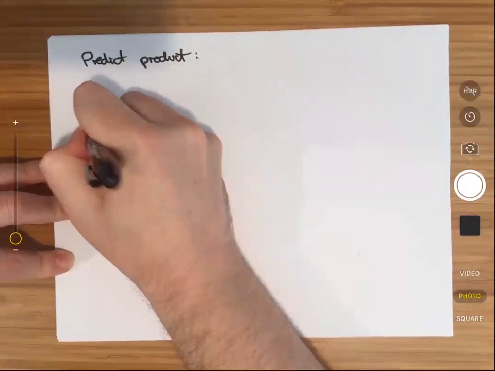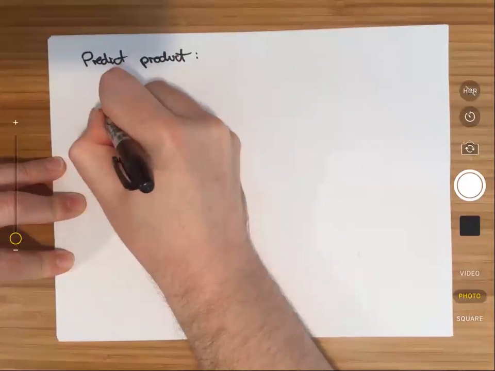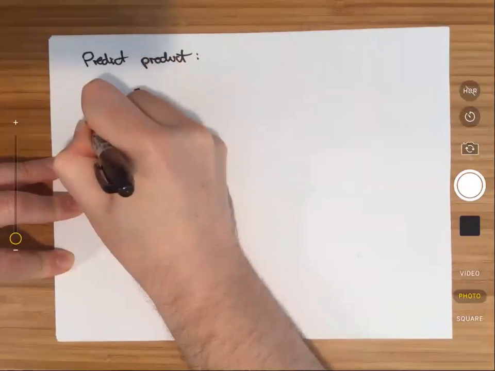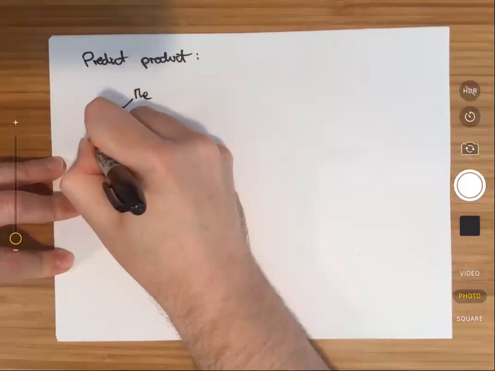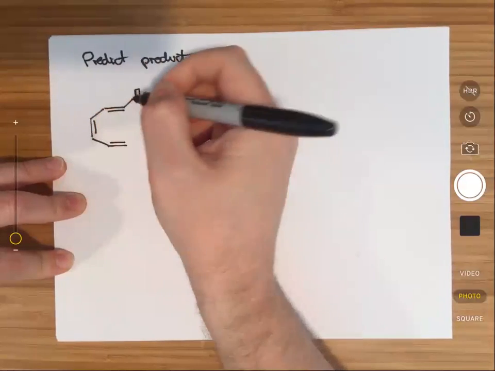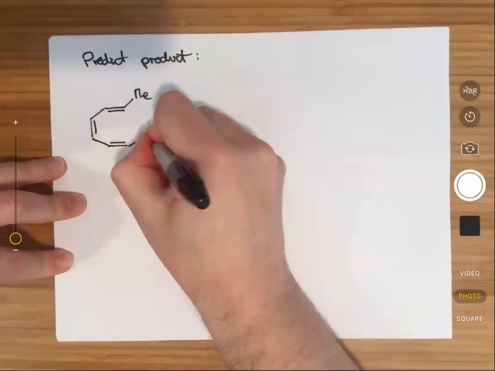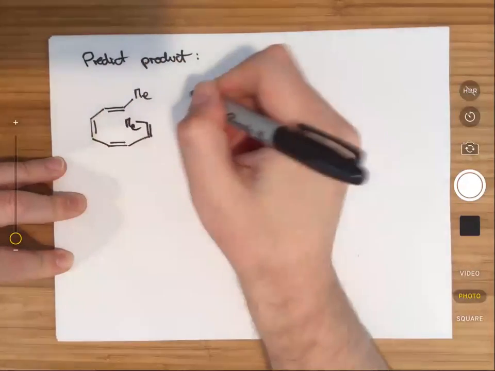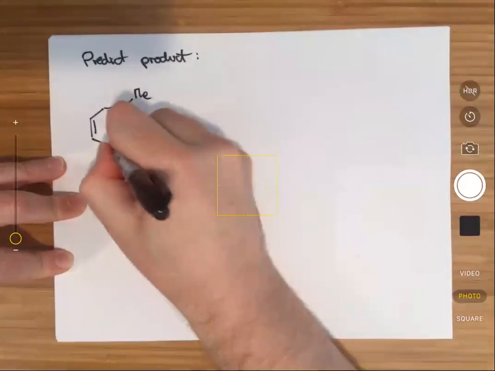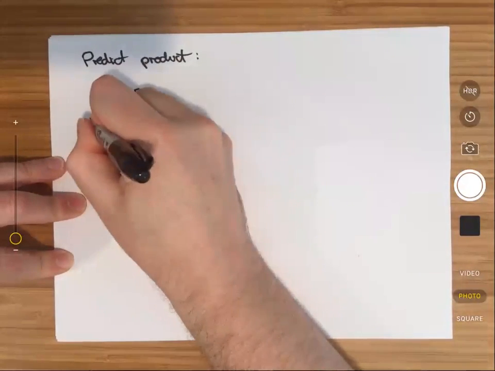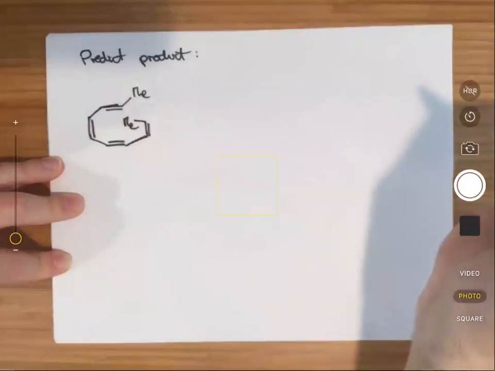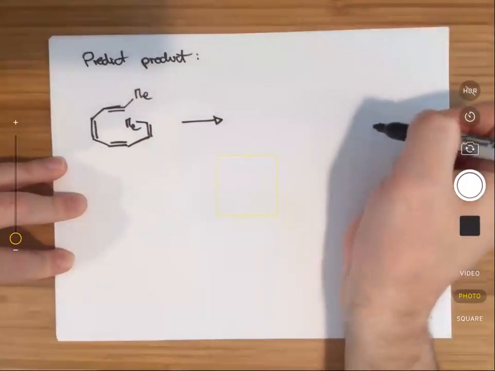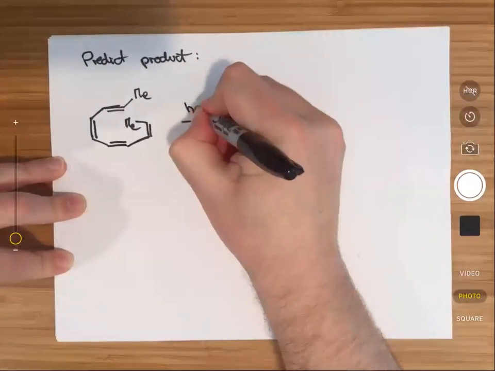So let's say we have an 8-membered ring here, a methyl group here, and then let's do a double bond here, a double bond here, and then let's have a methyl group pointing inwards like this. We're given that the reaction conditions are photochemical in this case, right?